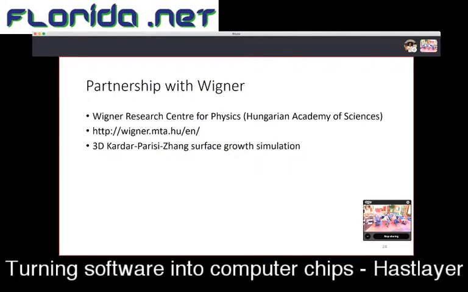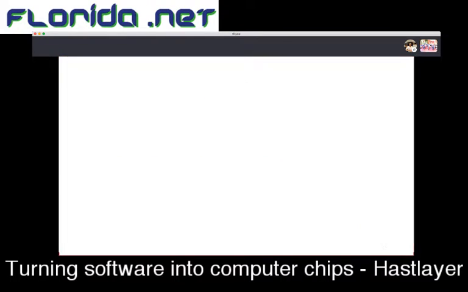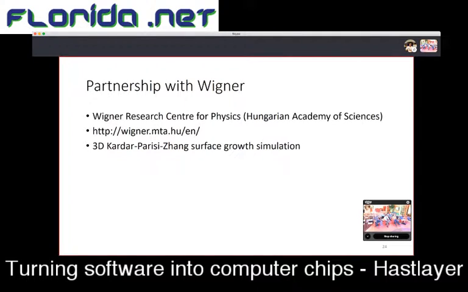So, for example, if you have a chip wafer, a silicon wafer that is used in chip manufacturing, then this algorithm will be able to predict how the surface of that wafer can get new imperfections or issues. We will see how this will be implemented with Hastlayer. We are working on an implementation, and once we have that, we will be able to compare that with their existing GPU implementation.